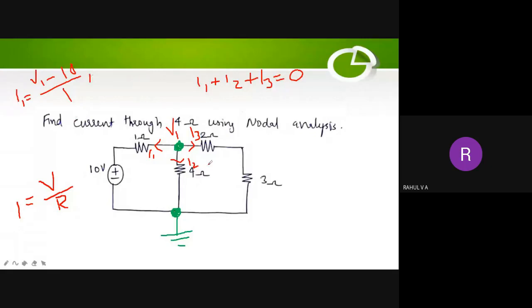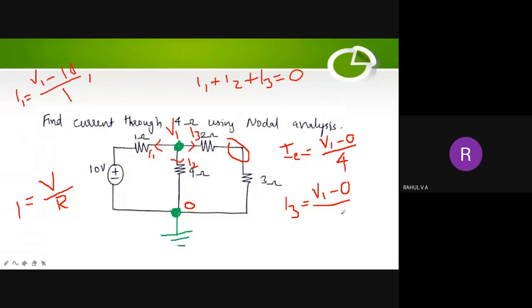Now what about I2? The potential difference across the 4 ohm resistor I can write as V1 minus 0, because this is the reference node. Potential at the reference node is 0. So V1 minus 0 divided by 4. Now tell me, what about I3? It is nothing but V1 minus 0 divided by, both are series resistors, so I can add both.